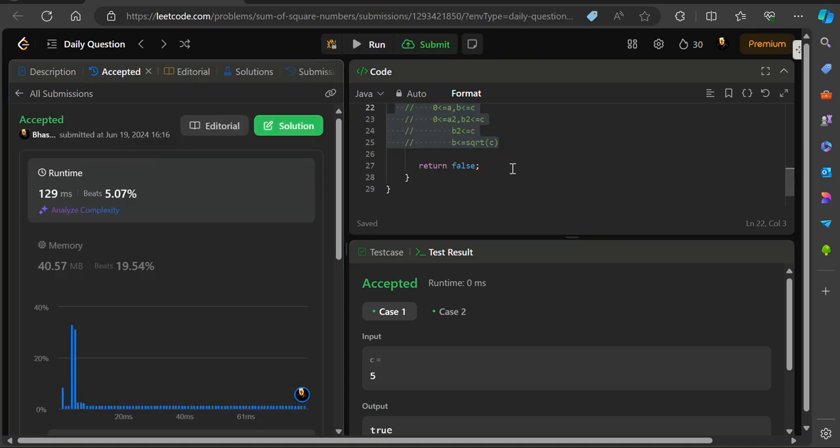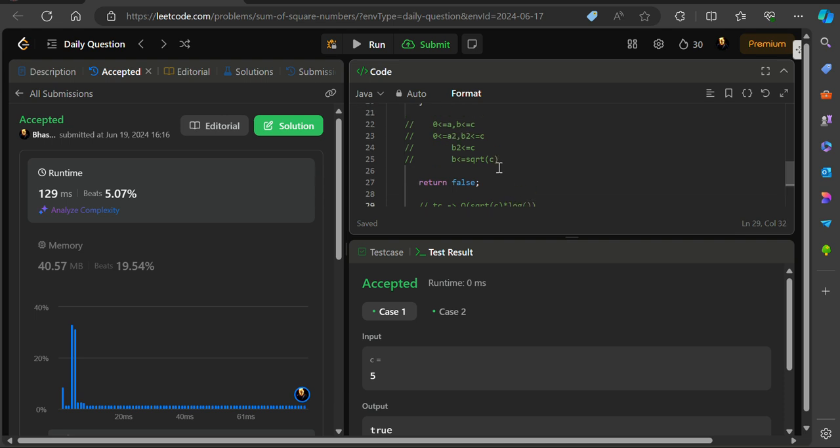Currently we have passed. So the final time complexity will be of order of square root of C into log of, that is the number B.